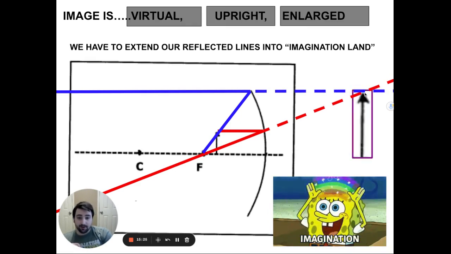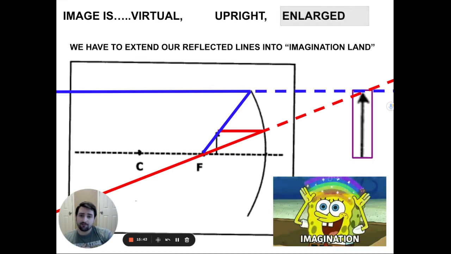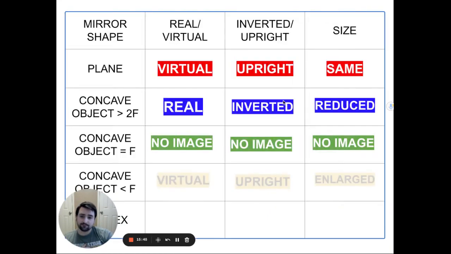Now, it's above the primary axis, so it's going to be upright, but it's also not a real image. A real image is going to be on that left-hand side of the concave mirror. So it's going to be virtual, upright, and enlarged. It's a much bigger object this time. So then when I go to fill out my chart: virtual, upright, and enlarged.